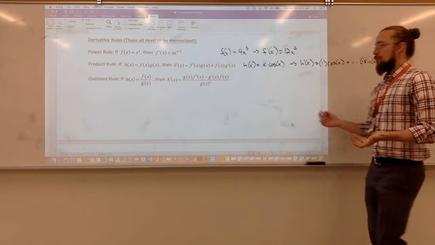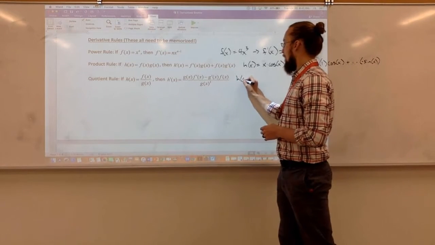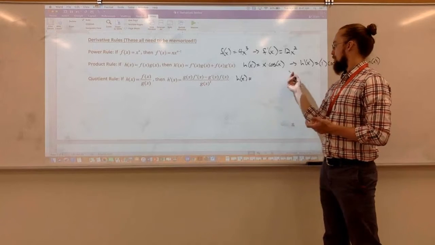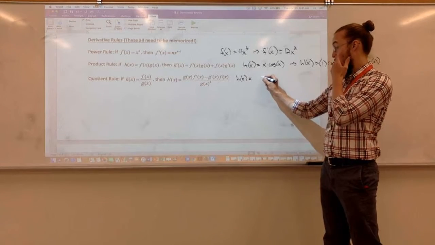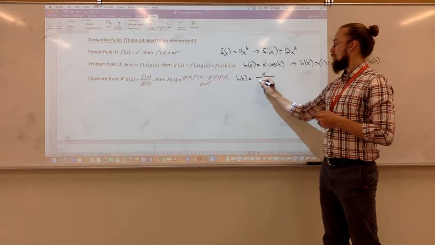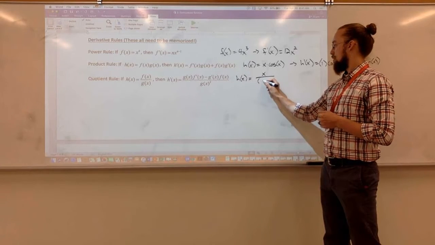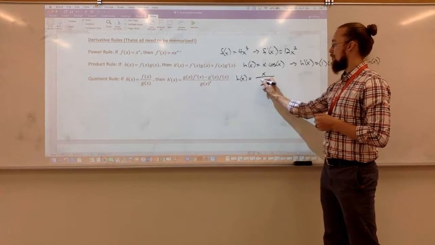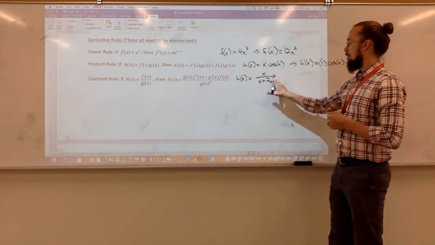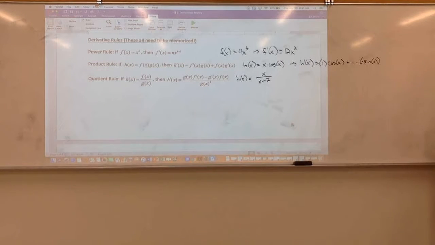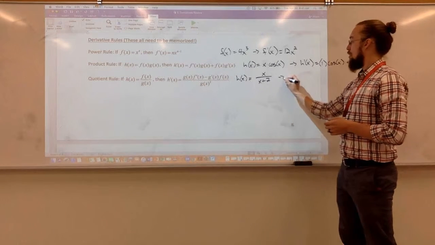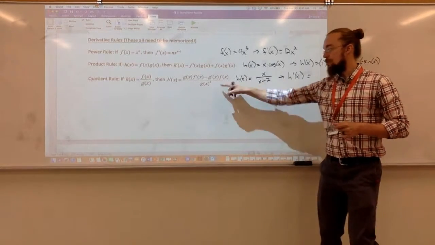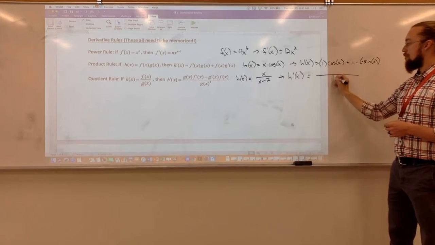Alright. Quotient rule says if I'm dividing two functions, I have to use this rule. So, I don't know, how about x over, let's make it easy. How about just x over x plus 7? Something like that. So the derivative here, use my quotient rule, says square the bottom. That's the first thing we did.